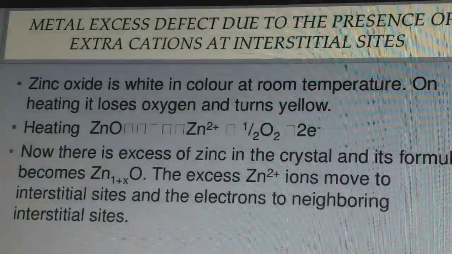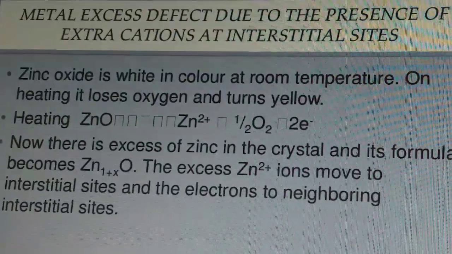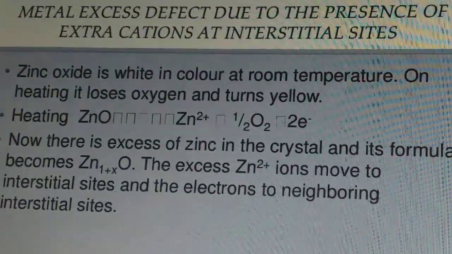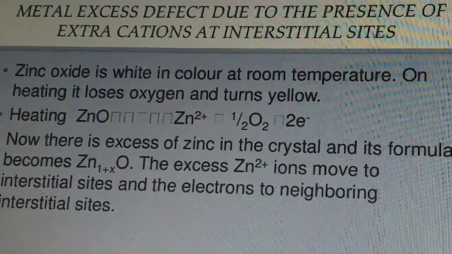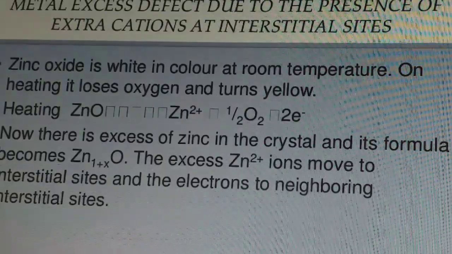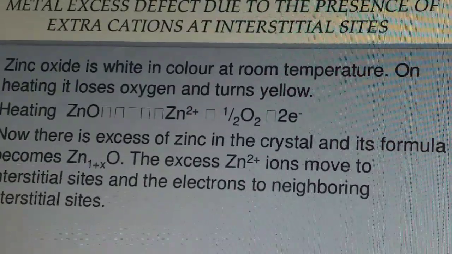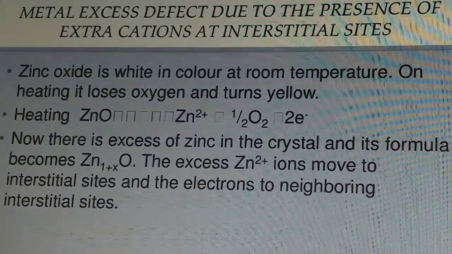Now there is excess of zinc in the crystal and oxygen is liberated. Now its formula becomes Zn(1+x)O, and the excess Zn2+ moves to the interstitial site and the electrons to the neighboring interstitial site, and here also metal excess occurs.